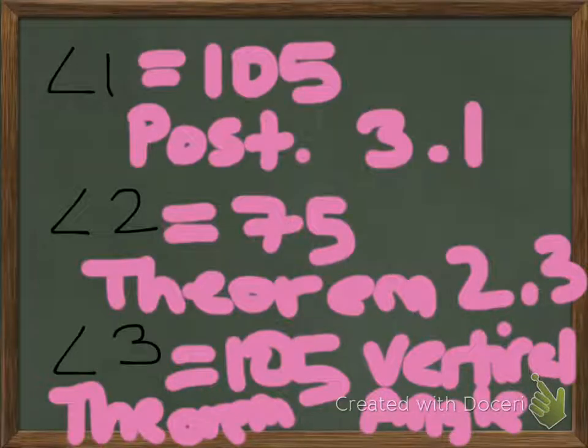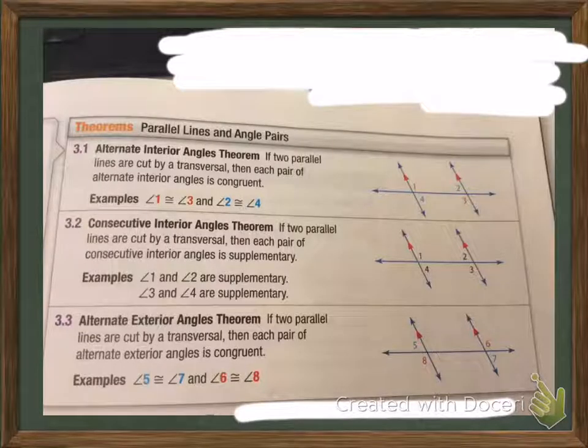Now we're given a few more theorems here, and these are, again, based on parallel lines and the transversal cut in between them. We have alternate interior angles, which they've listed here in blue and red for theorem 3.1. It's the interior of these two parallel lines, and they alternate between the transversal. So angles 1 and 3, and 2 and 4.